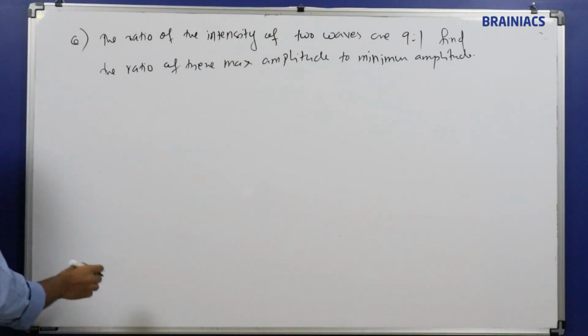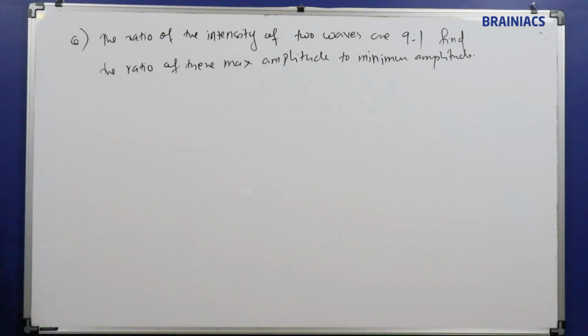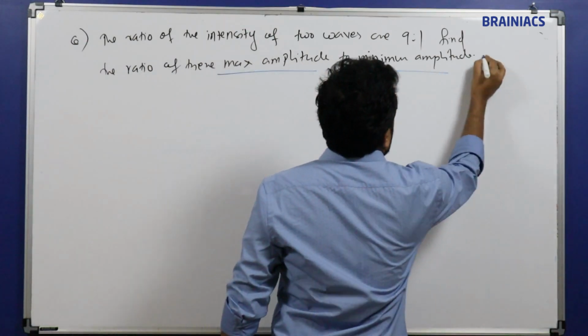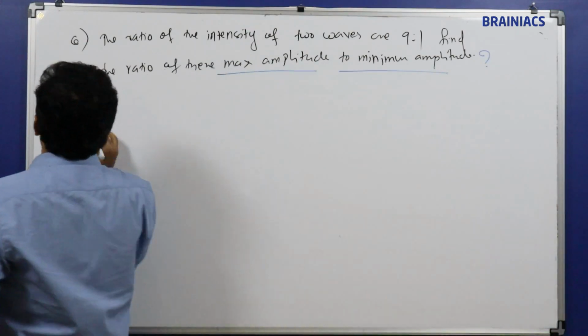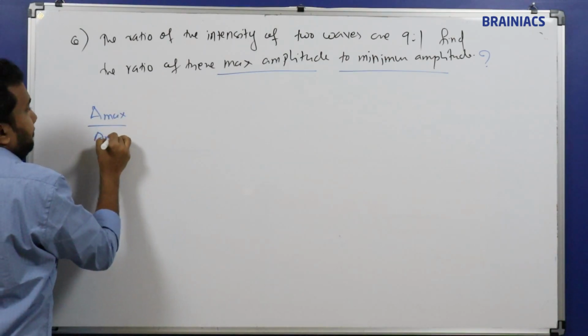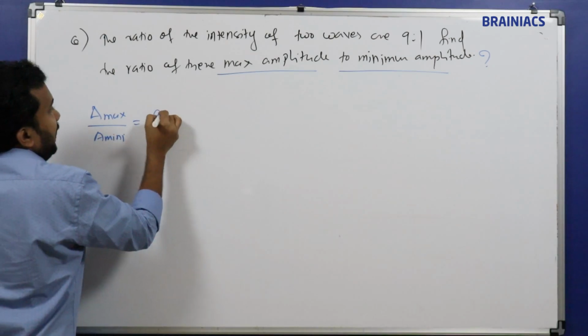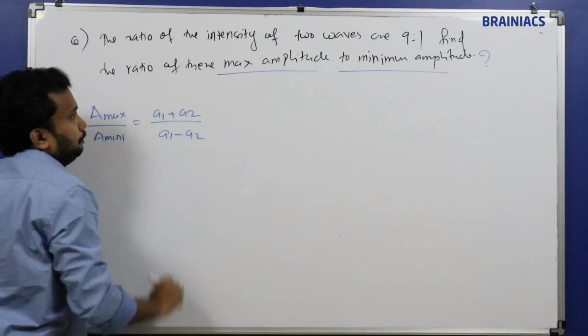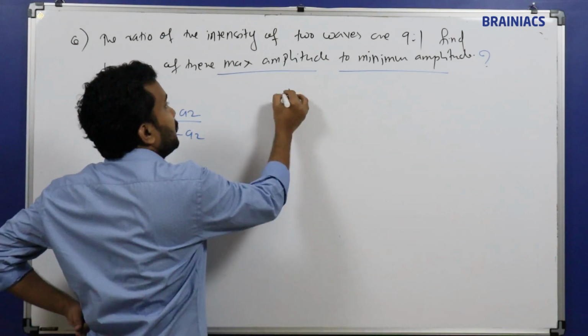Okay, so let's see what we need to find out. We need to find the maximum amplitude to minimum amplitude, the ratio. So A max to A minimum is what? a1 plus a2. We know minimum amplitude is a1 minus a2. Intensity ratios are given.